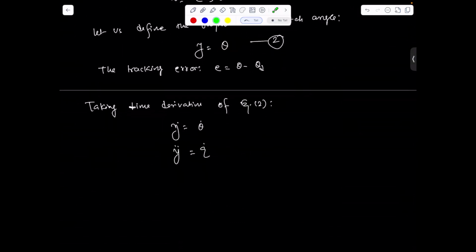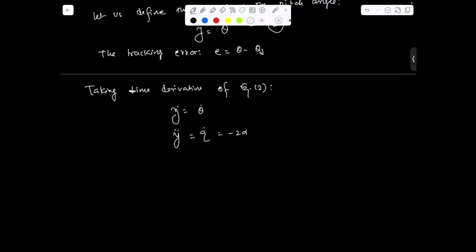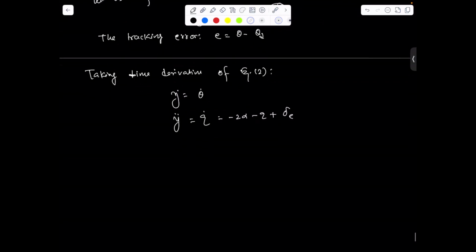Now, our main motivation is how we can control this q.